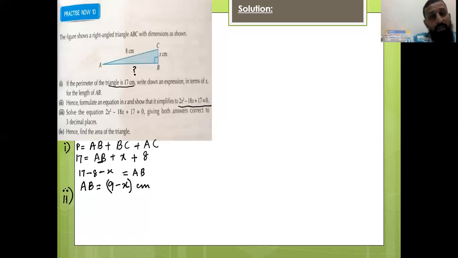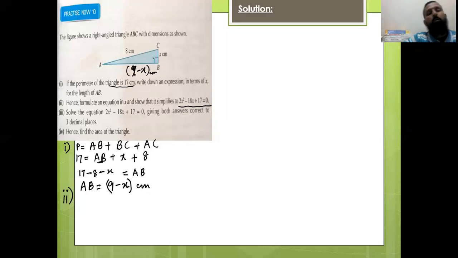So boys and girls, how can we formulate this equation by using the given data? What is the given data? The value of hypotenuse 8 centimeters, the value of perpendicular x centimeters, and the length AB we just found as 9 minus x centimeters. So I'm writing here 9 minus x centimeters.